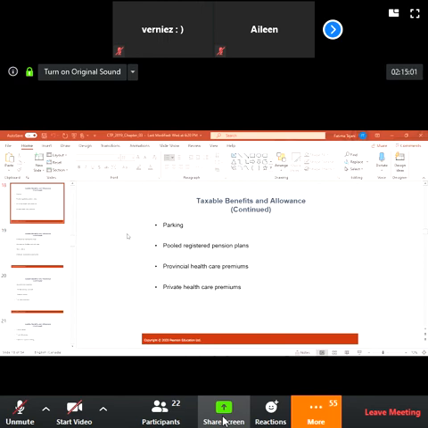Next is the provincial healthcare premium as well as the private healthcare premium. With the provincial healthcare premium, the employer may be paying premiums or contributing to a provincial or territorial hospital or medical care insurance plan for the employee. In this case, the amount paid is considered to be a taxable benefit and is to be included in the T4 slip.